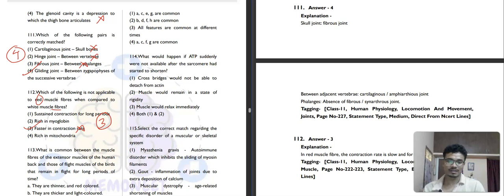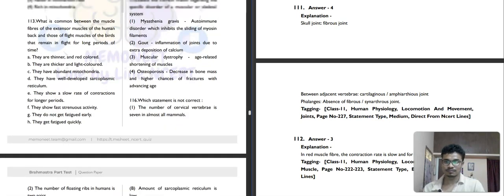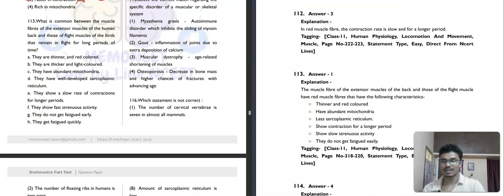Then question number 113. It is saying that what is the common between the muscle fibers of the extensor muscle of the human back and those flight muscles of the birds that remain in flight for long periods of time?